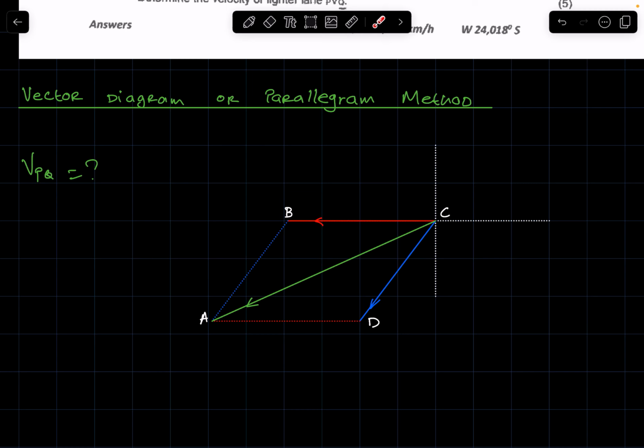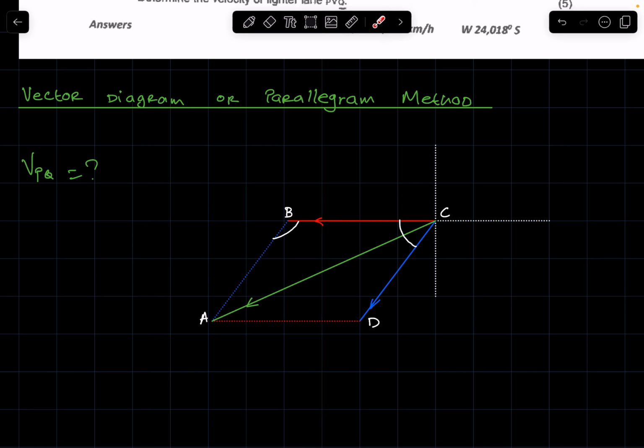But what we can do, taking the fact that this is a parallelogram, is look at it from this perspective: this angle here and this one are co-interior angles. So if you know this angle, you'll be able to get this one, seeing that co-interior angles add up to 180. To get this angle, you simply say 180 minus this angle.